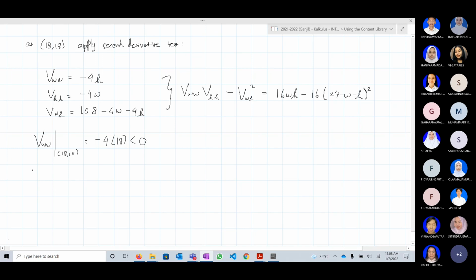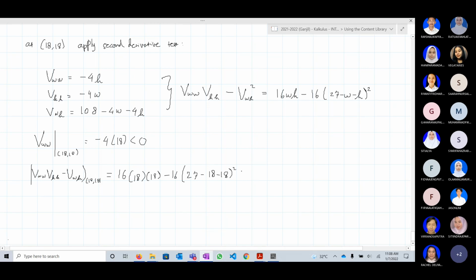And the Hessian, VWW times VHH minus VWH squared, evaluated at (18, 18) is equal to 16 times 18 times 18 minus 16 times (27 minus 18 minus 18) squared.